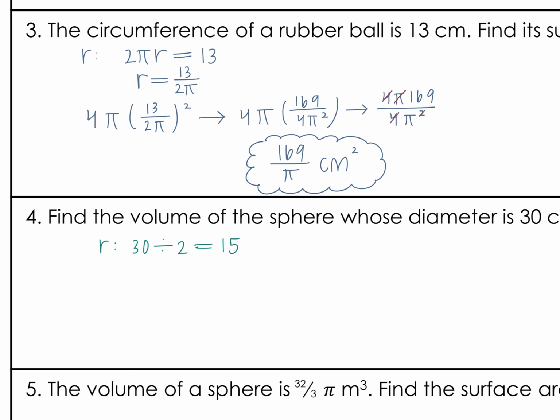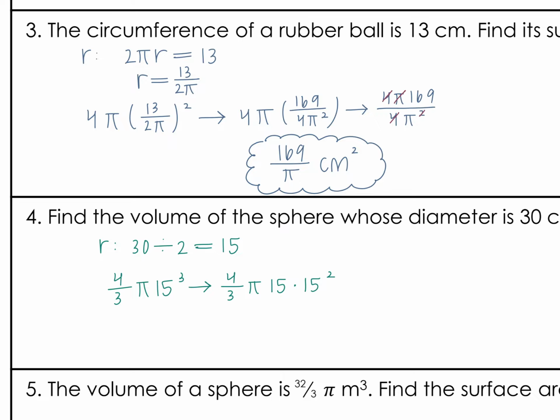Okay, then plugging in for my volume, we have 4/3 pi 15 cubed. Okay, so if I didn't have a calculator and I was working this out, I would probably go ahead and rewrite this as 4/3 pi, and then we have 15 times 15 squared.